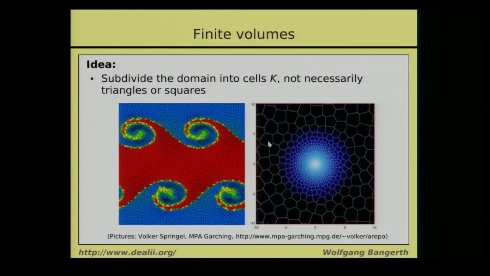So for example, over here, you see something that is called a Voronoi subdivision, or Voronoi cells. This cell here, for example, has 1, 2, 3, 4, 5, 6 vertices. And there are probably others that have 5 and 7 and any number. It doesn't really matter. All you need to do is subdivide your domain into any kind of set of cells.